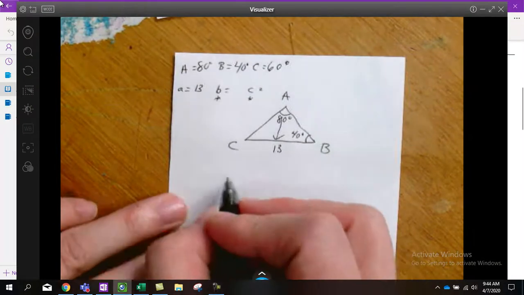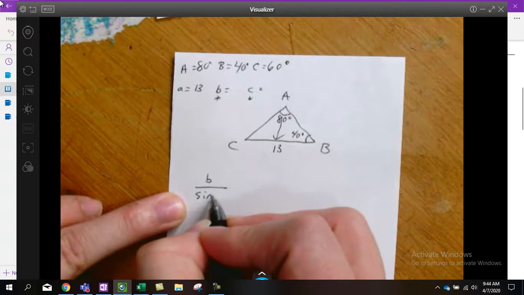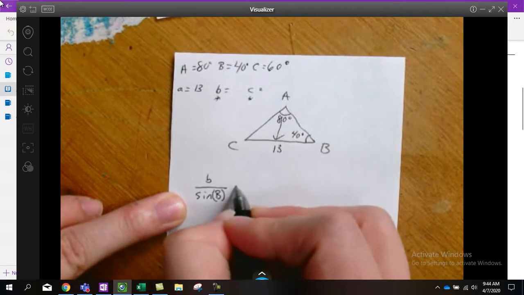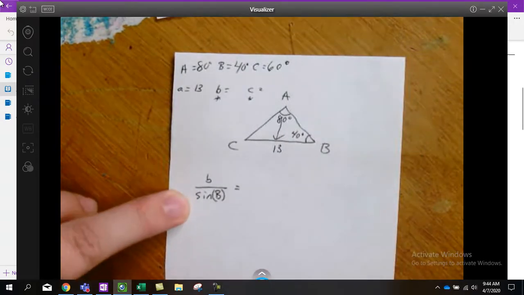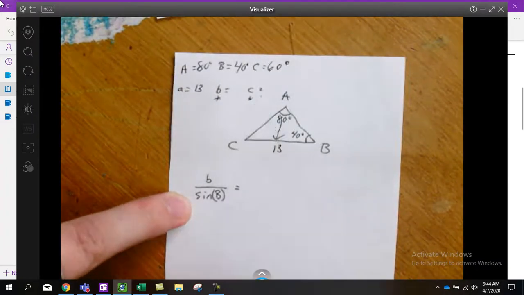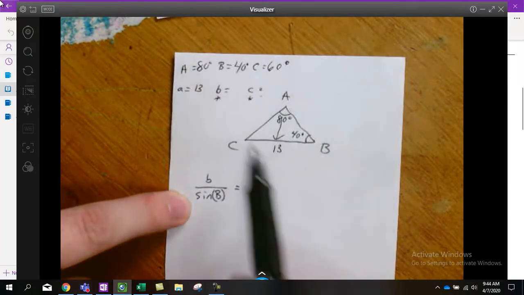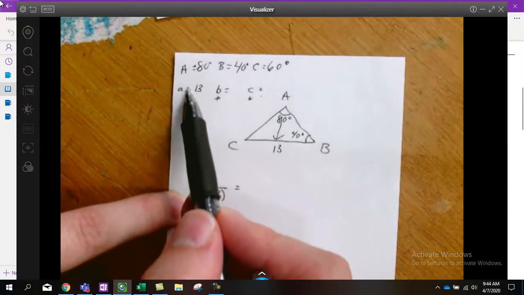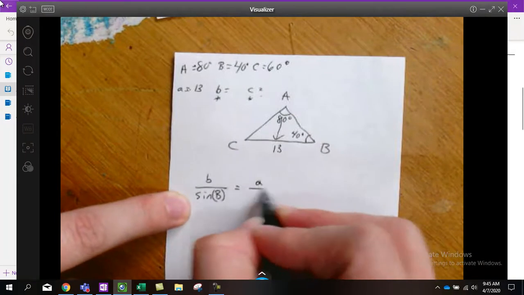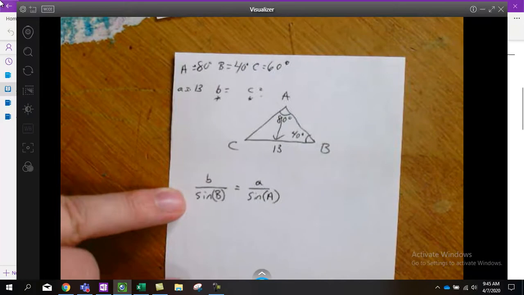So let's say that we're looking for little b. That would be b over the sine of big B, and that can equal. Now, if I write c over sine of C, I don't know little c, which means I can't actually solve. I want to use one fraction that I know everything about. And since I know both a's, I'll put little a over the sine of big A. That's why we need to know a complete set.